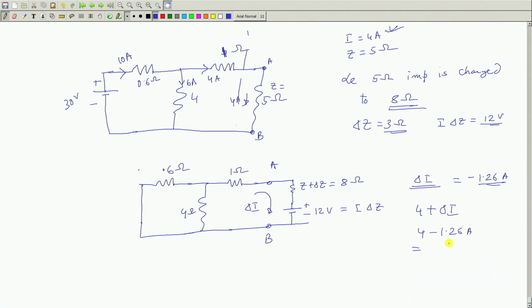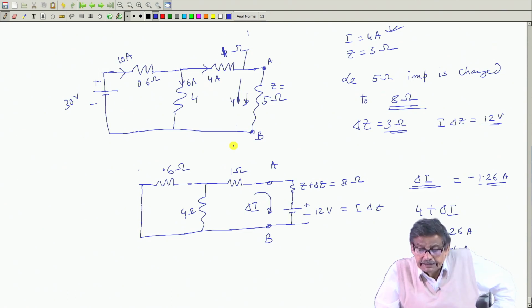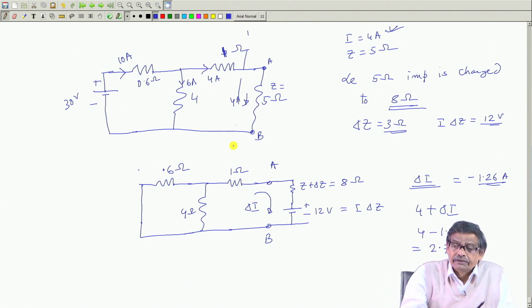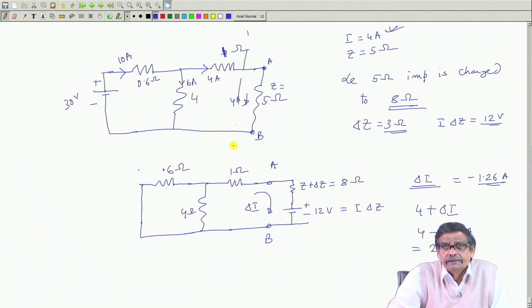If you calculate this current, how much it is? 2.74 ampere. Now, you should cross check with this new value, that is 8 ohm and 1 ohm in parallel, and it should come same. See, the idea is that you need not resolve the circuit once again in its totality.